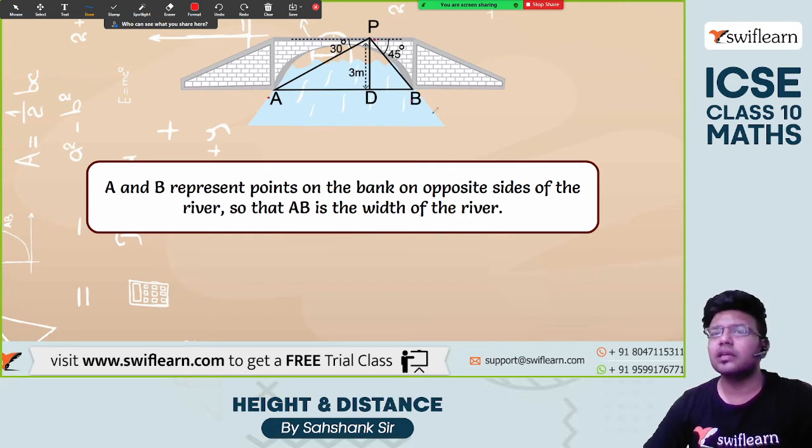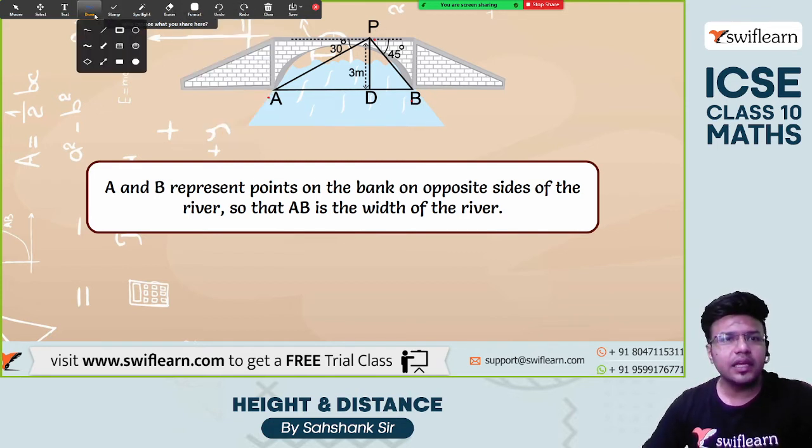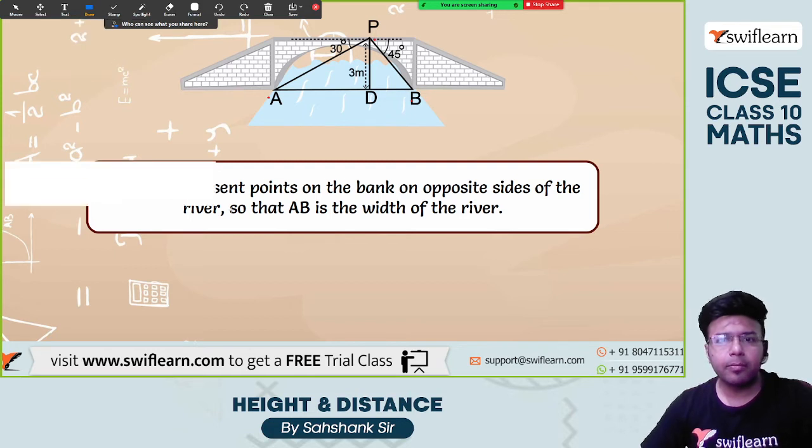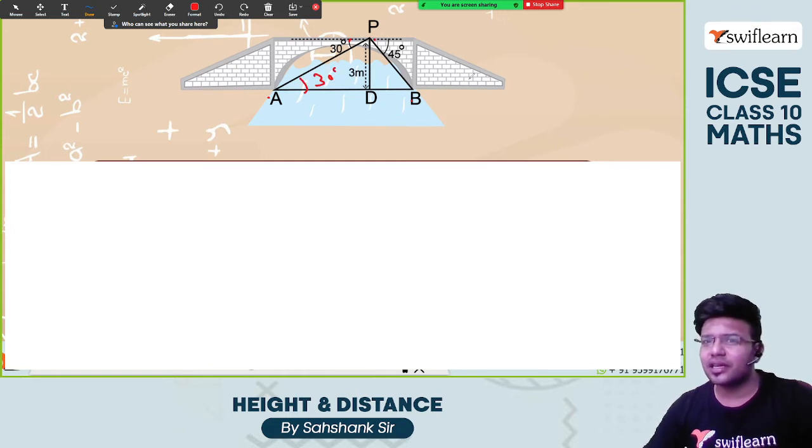Find AB. From triangle PDA. So guys, see this. This is parallel to this. This is a transversal. So can you tell me how much this angle will be? This is also 30, and this is also 45 degrees.